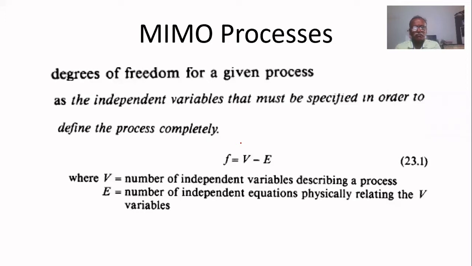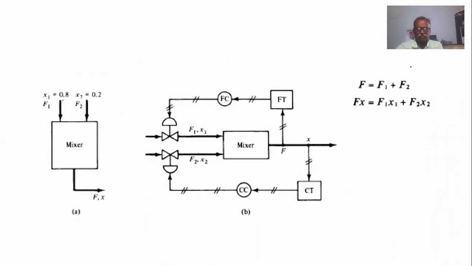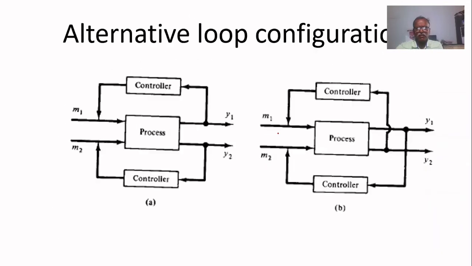But the problem with the MIMO process that we have seen yesterday is, suppose we are having two process variables, Y1 and Y2. In that case, two inputs are there, M1 and M2.